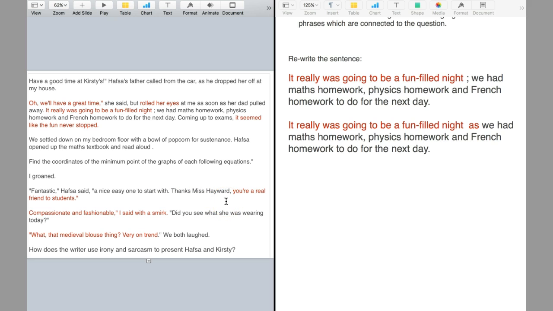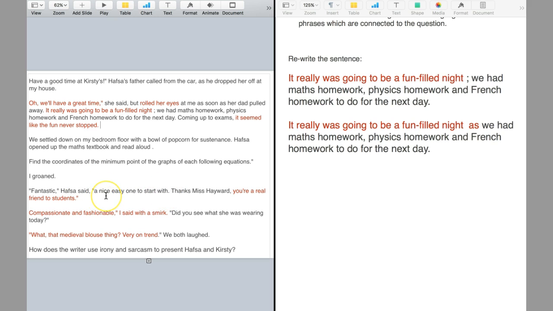Again, you can see irony or sarcasm. Why is she saying you are a real friend to students? Because she thinks the coordinates are very boring or difficult, but she says a nice easy one to start with. It's an irony.